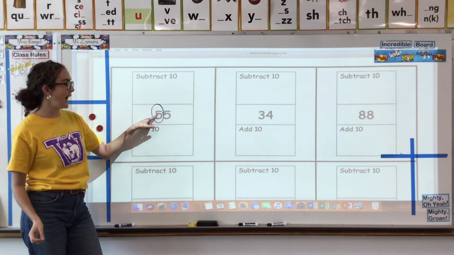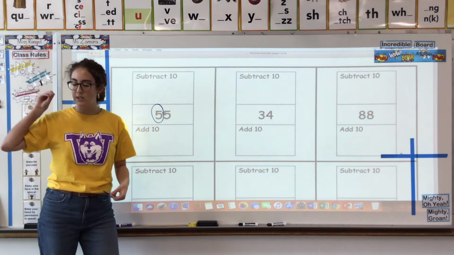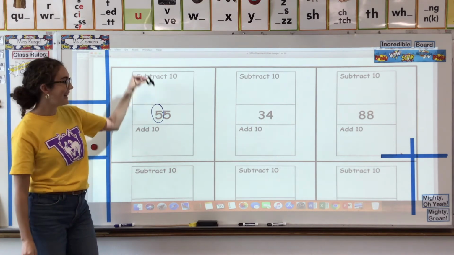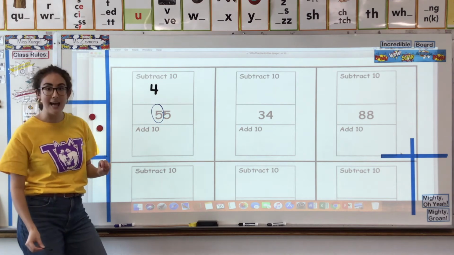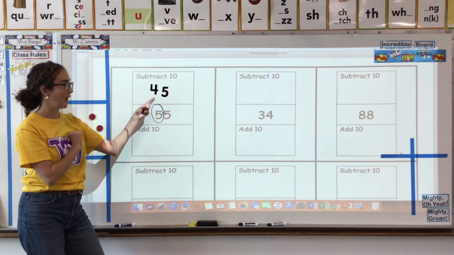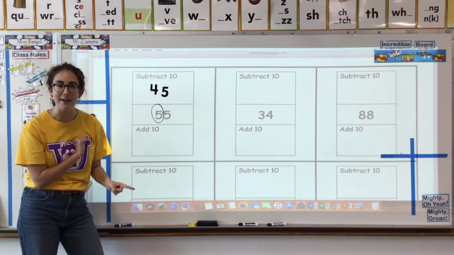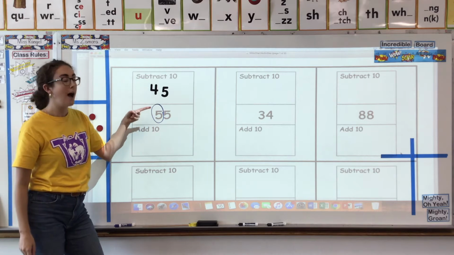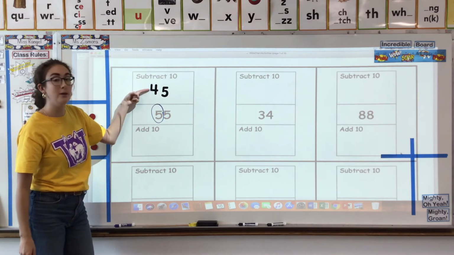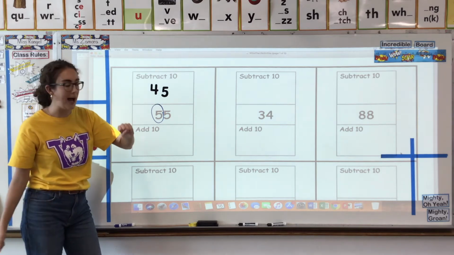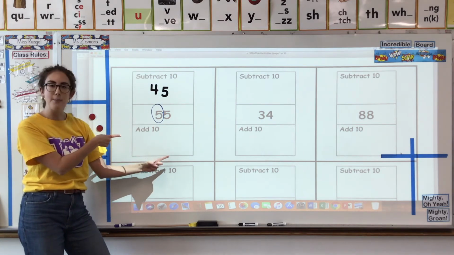So if we have 5 tens right now, can you take away 1 ten? That would be 4 tens. So 10 less would be 45. Because we went from 5 tens to 4 tens. Good job.